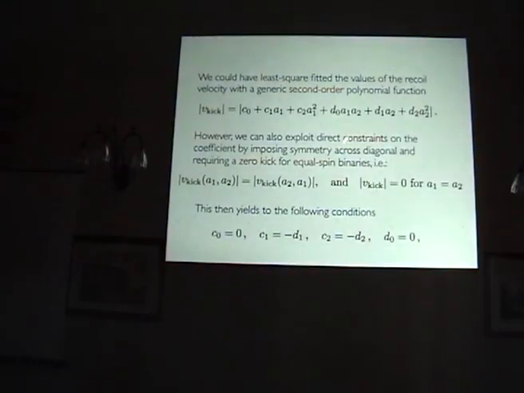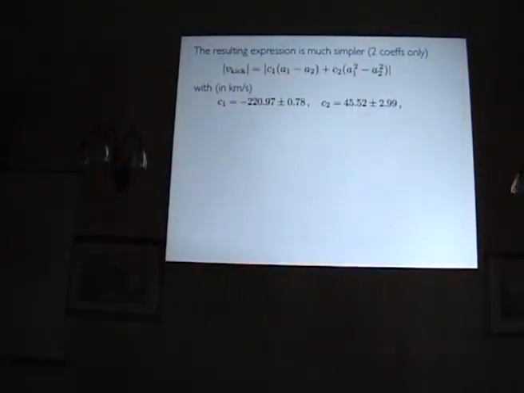When you do this, you kill 4 of the 6 coefficients. You know them analytically, and this is telling you that C0 is 0, D0 is 0, and there is a sign change in C1 and D1. And this means that you now have a much more compact expression, which is just of 2 coefficients. You see there is this coefficient 1, which is the linear term, and there is this other coefficient, which is the quadratic term.